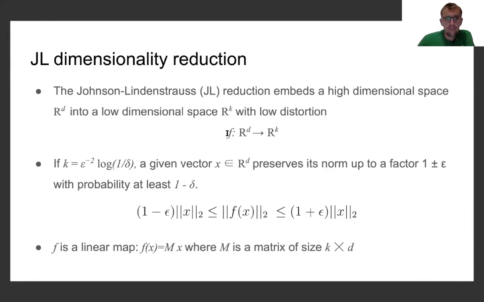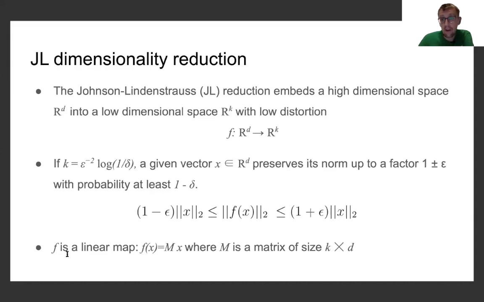Now, what we have is that if k is at least epsilon^-2 times log 1/delta, there exists an embedding that, for a given vector x, preserves its norm up to a factor 1 plus or minus epsilon, with probability at least 1 minus delta. In other words, for a given vector x in the high-dimensional space R^d, the norm of f(x) is between (1 minus epsilon) times the norm of x and (1 plus epsilon) times the norm of x.